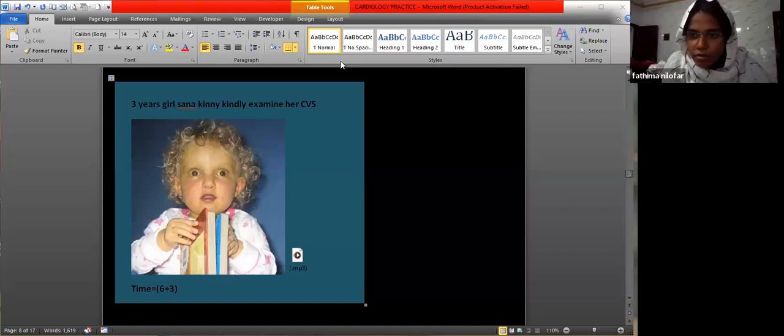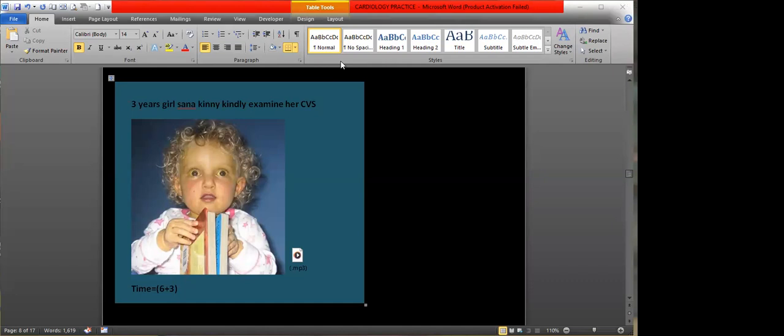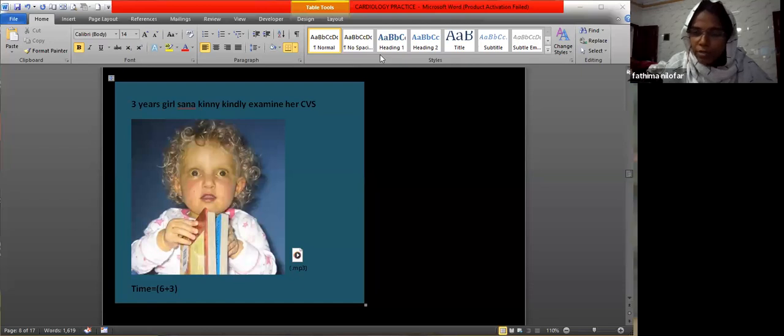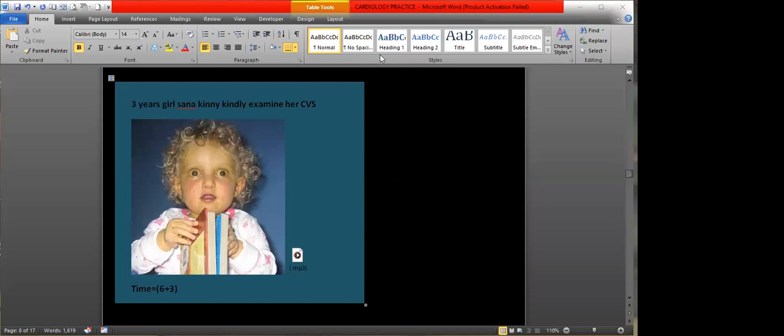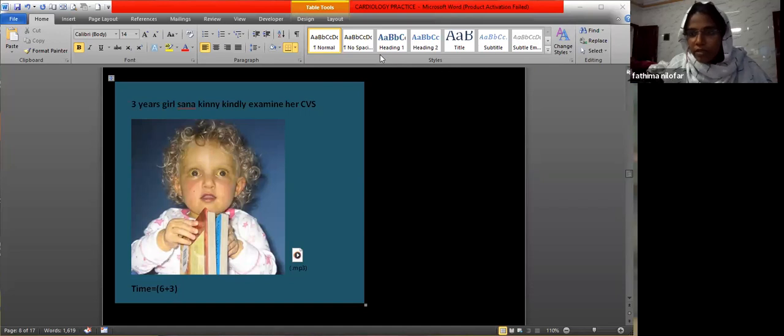So I enter the room, I wash my hands and then introduce: hi Sana. Sana is playing with this book, and I turn to the mother and say, I'm Fatima, one of the pediatric doctors working in this hospital. Is it okay if I examine Sana today? Yes, please. Okay. So I look at Sana, I look at her hands.